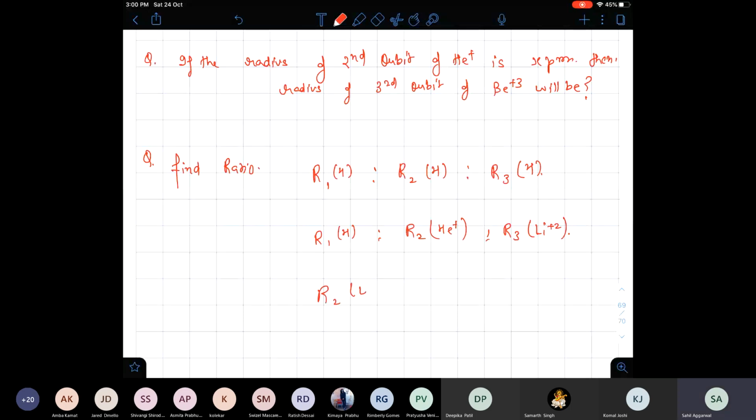Second orbit lithium, second orbit helium, second orbit hydrogen. Okay, let me make this 3 to 1.